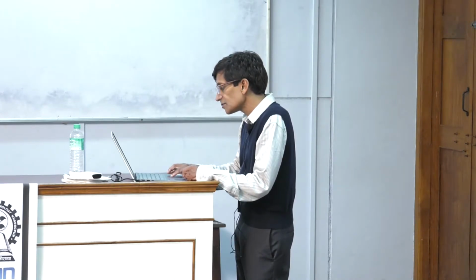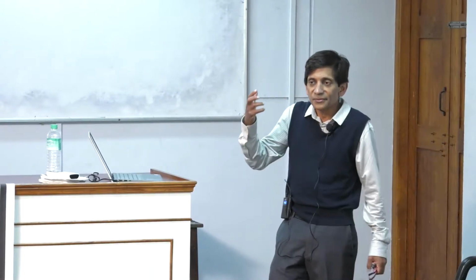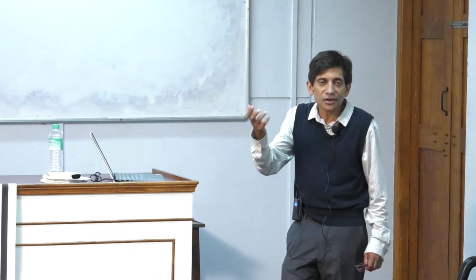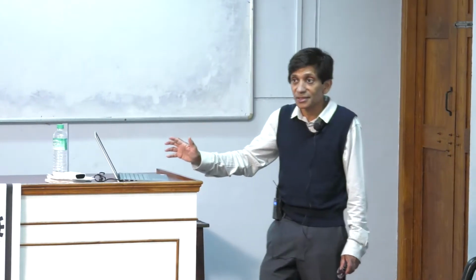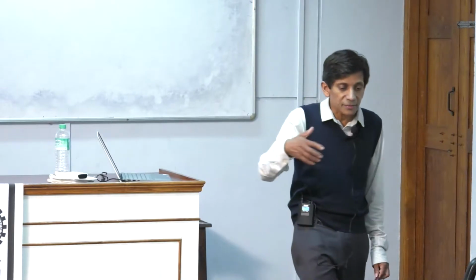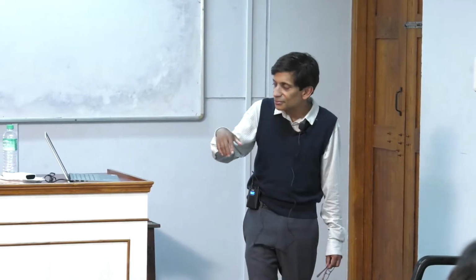Vmax requires smaller volumes of process fluid and shorter testing times, but may lead to large errors in the predicted capacity if fouling does not occur due to pore constriction, okay? And so this is where I say that when people use these models, often they don't think about what the assumptions were. So this is very common. If Millipore or someone else is trying to sell you a filter, they use this actually as a scale-up method. And then they will do it to scale up something, but actually the sales rep, whoever, really doesn't understand how this comes about, right?